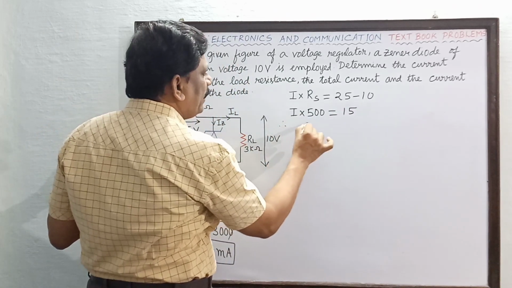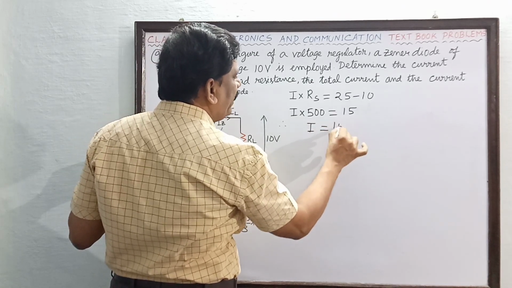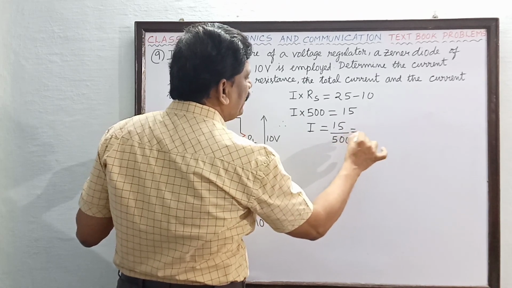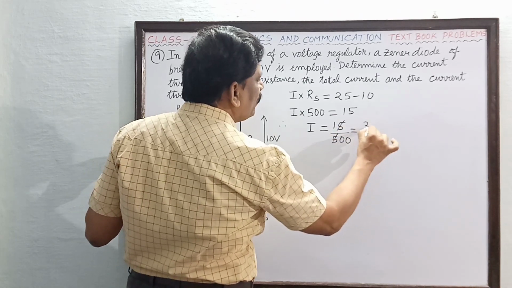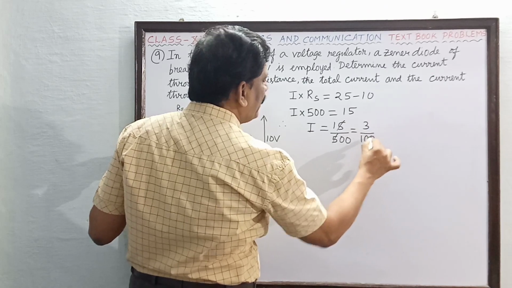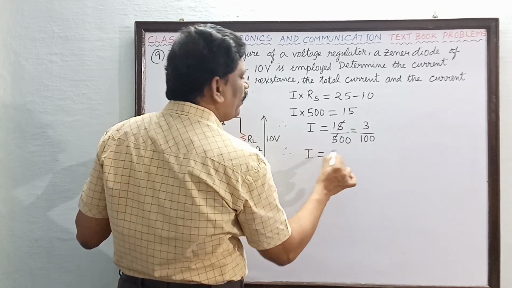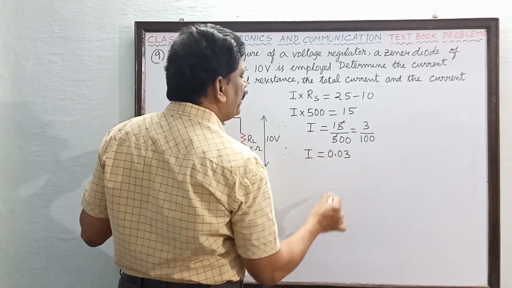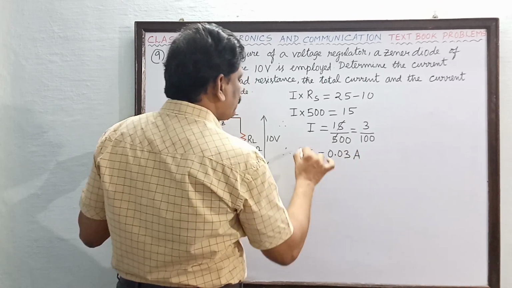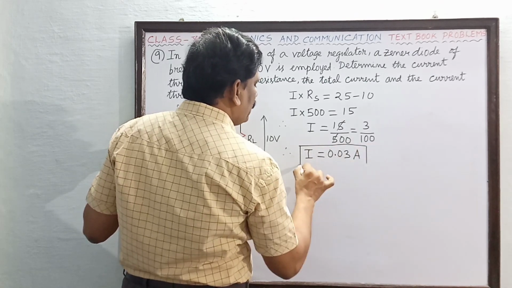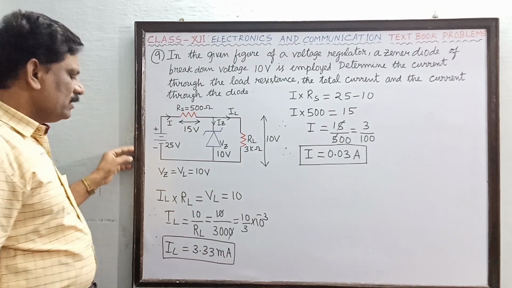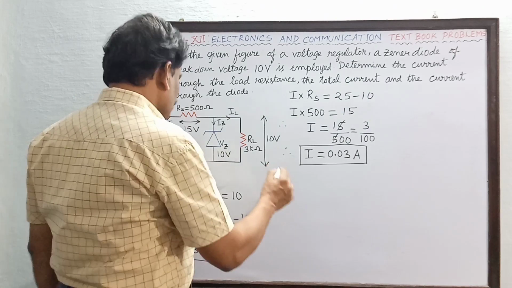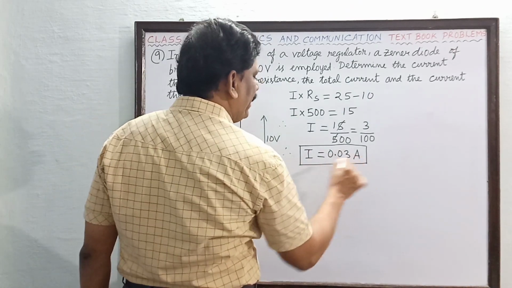Therefore, the total current I must be equal to 15 divided by 500. 5 3s are 15, so this is 3 divided by 100. Therefore, I is equal to 0.03 ampere.